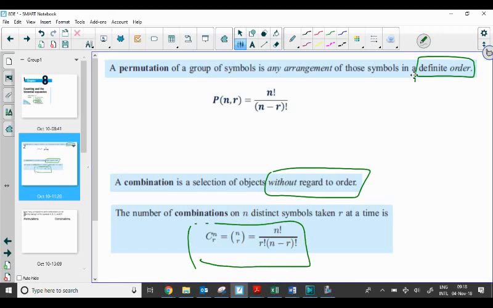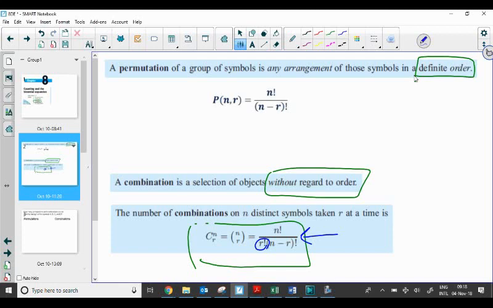You'll notice that they're really similar to each other. What's the difference? The difference is that the combination one is being divided by this extra r factorial, and that's not just a coincidence. I want you to think about this for a moment. If we have n objects and we're going to choose r of them, there are exactly this many different groupings that we could make.